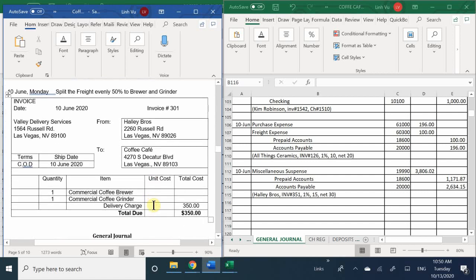Okay, no worries. The freight, it says there the freight evenly distributed to brewer and grinder. Okay, but where did this invoice come from? Oh, no, from Haley. What was that?